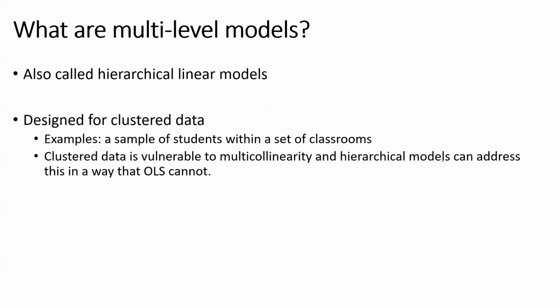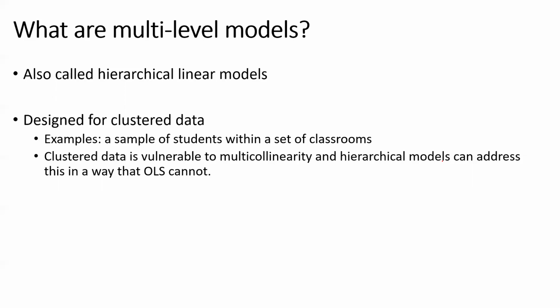Multi-level models are also called hierarchical models, and they are designed for data where the observations are naturally clustered into groups. You can think of an example of a sample of students within a set of classrooms. We talked about the problems of having data that was aggregated, and this is where that could come out.